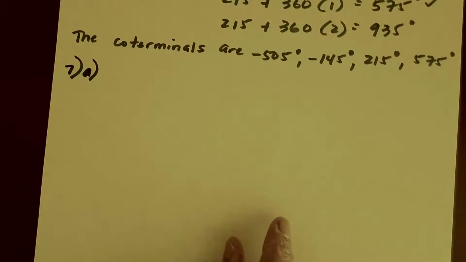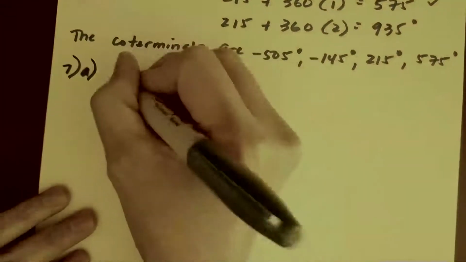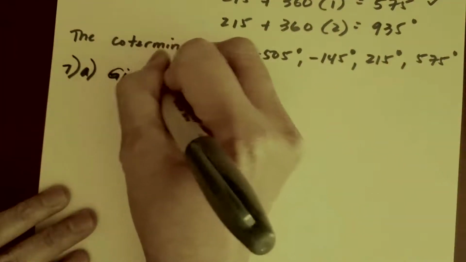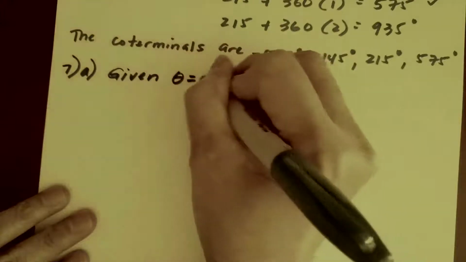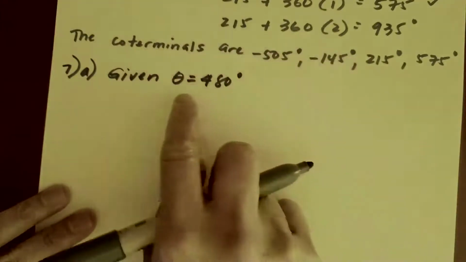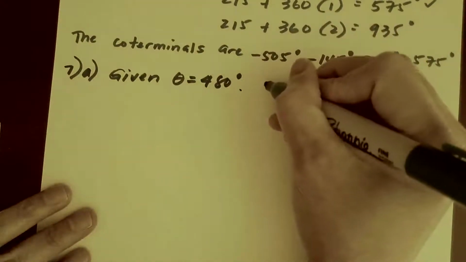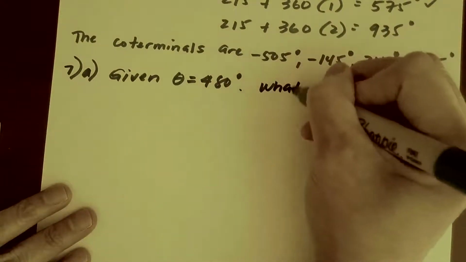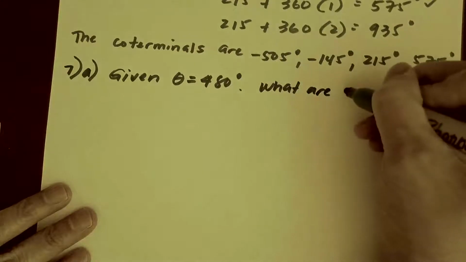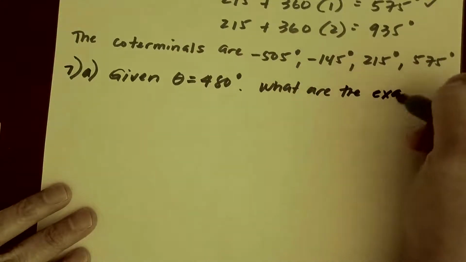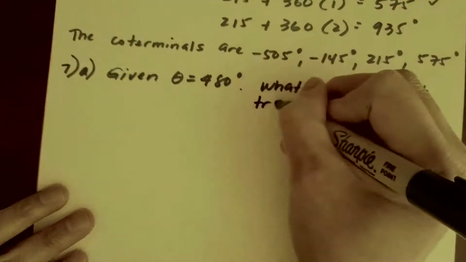Question 7A is that we're given an angle of 480 degrees, and what we're trying to figure out is the exact trig ratios.